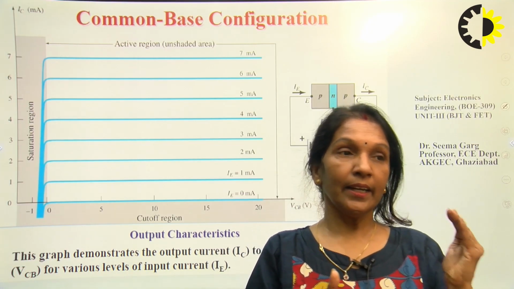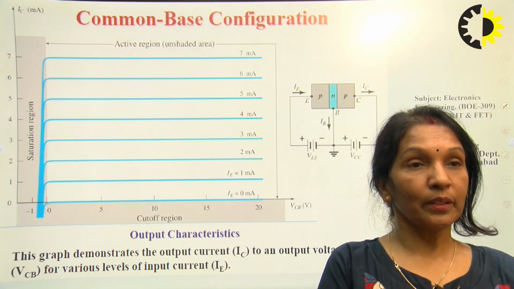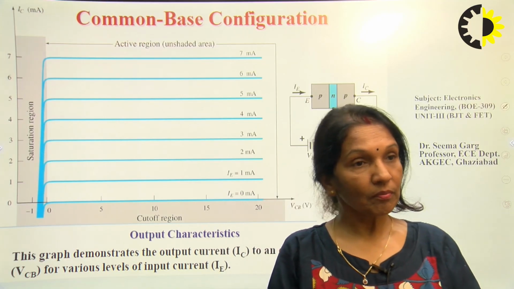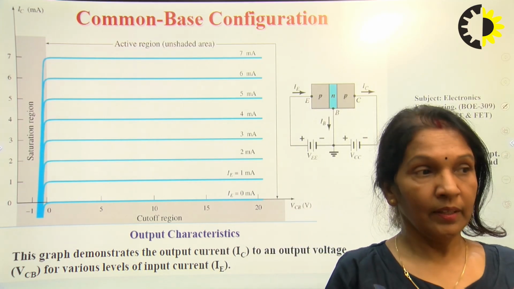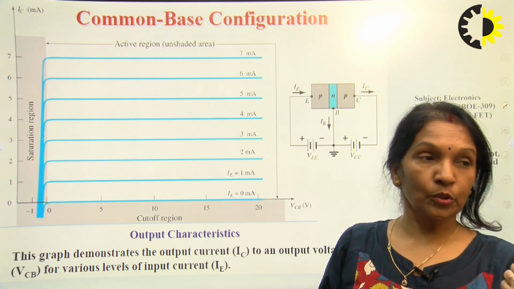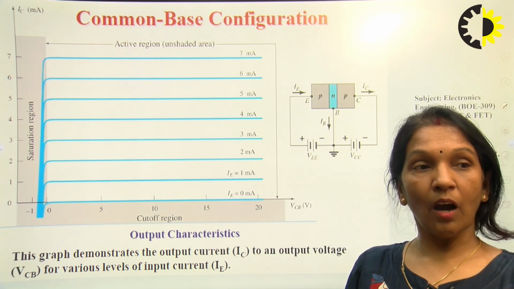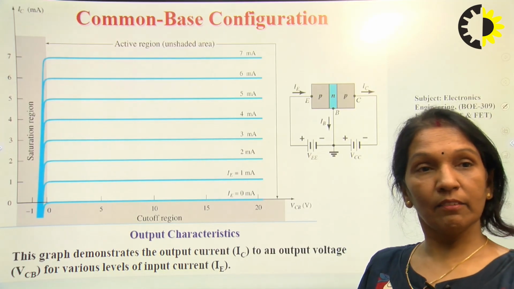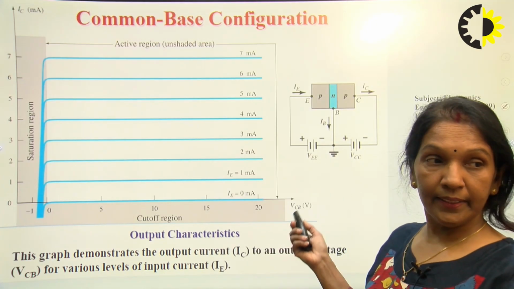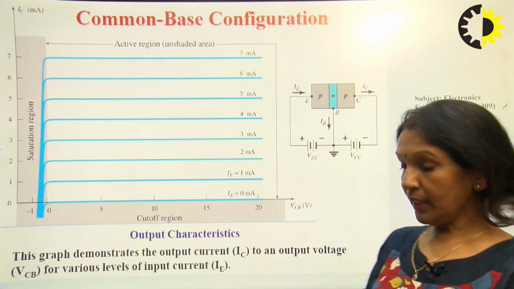So whatever current we get at the output terminal is equal to the emitter current, or the input current. This graph demonstrates the output current versus the output voltage at various levels of the input current, that is the emitter current.